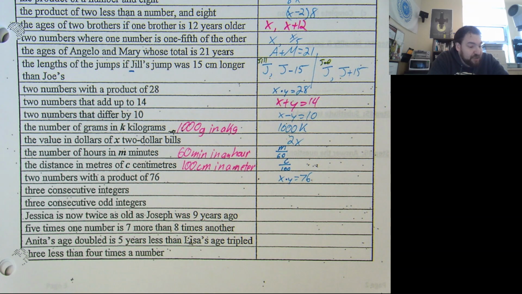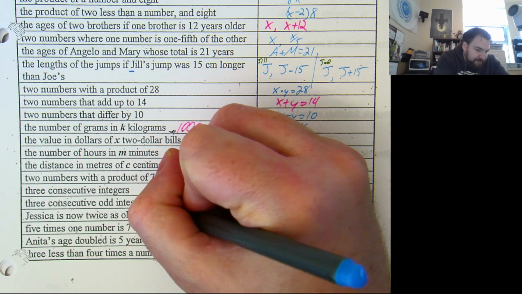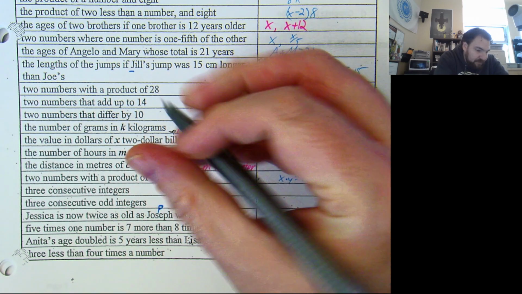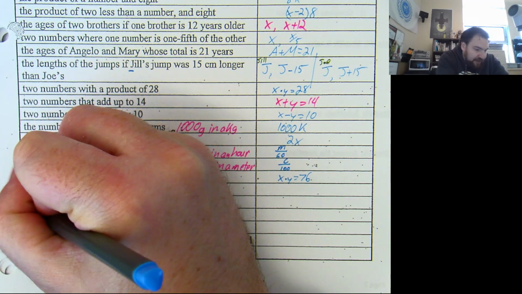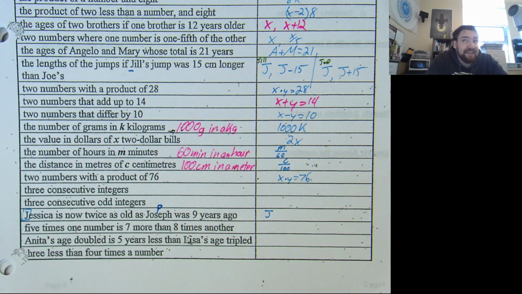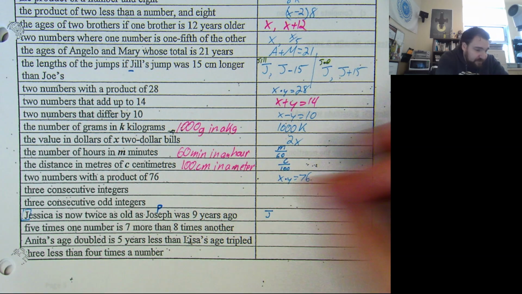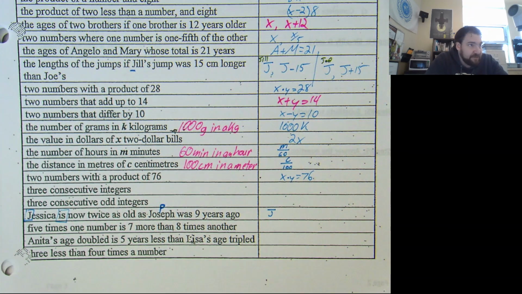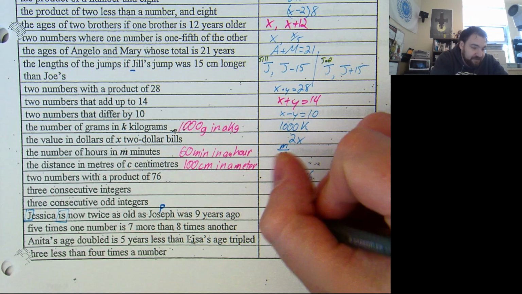Jessica is now twice as old as Joseph was 9 years ago. I'm going to call Joseph P, and Jessica's going to be J. So J, Jessica, is. This math word means equals.